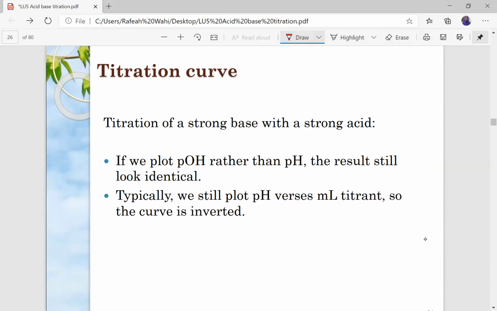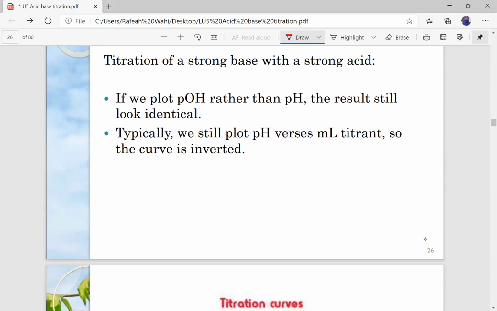But if we choose to use pOH rather than pH for plotting the titration curve, the results will still look identical. Typically, we still plot pH versus mL of titrant, so the curve is inverted.